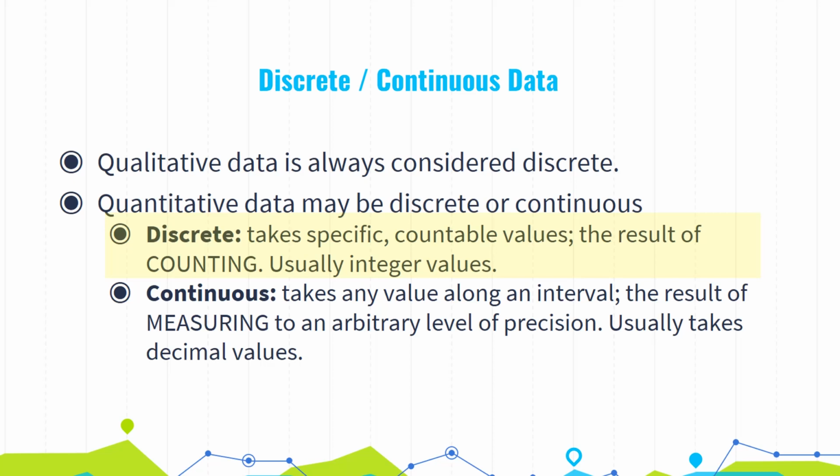So continuous data takes any value along an interval. Usually you can measure to some level of precision that's determined, and you could actually measure it more precisely if you so chose. And usually you can tell it's continuous because it takes on decimal values. Income is considered continuous because we're going down to maybe the dollar, maybe even down to the cents.